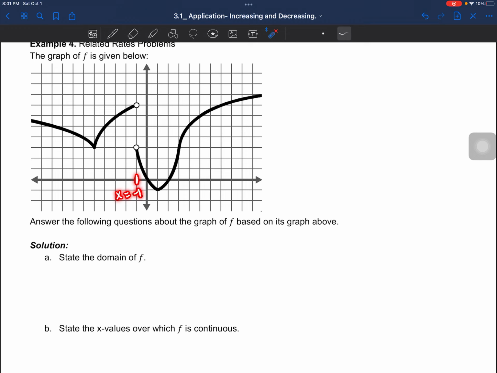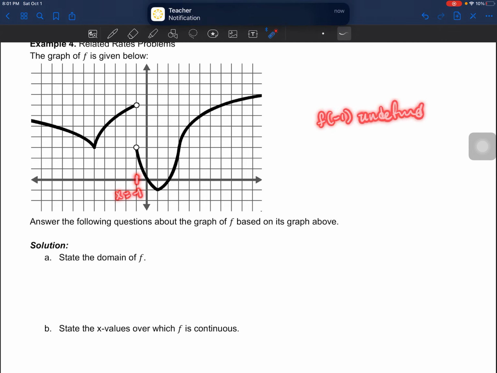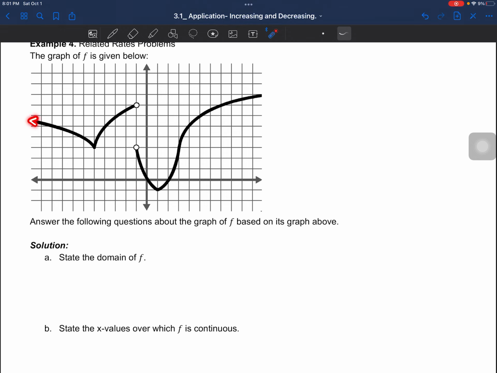You don't always get a real number. For example, if you look at x equals -1, there's no value of the function. The value is undefined at x equals -1.